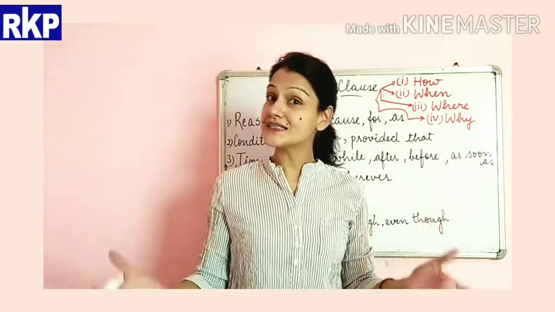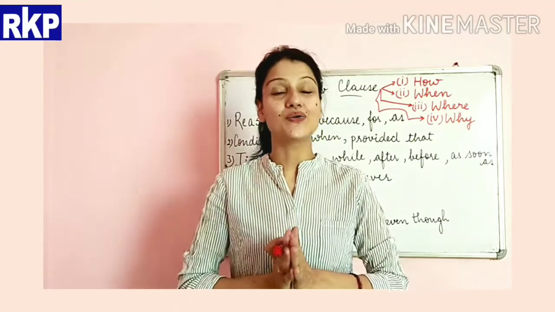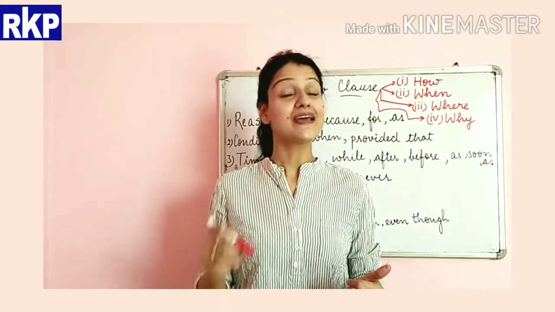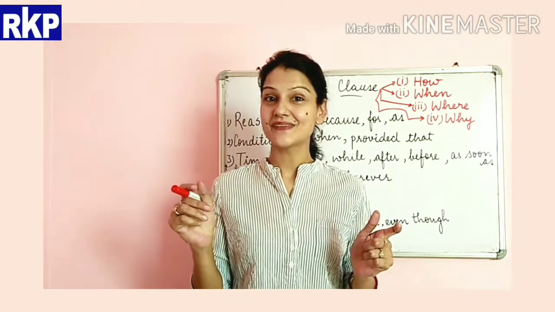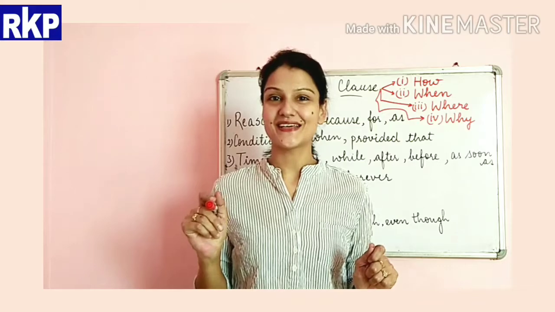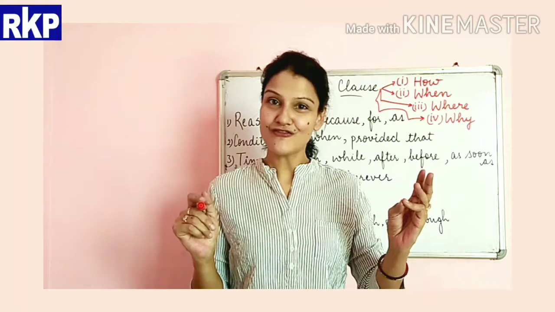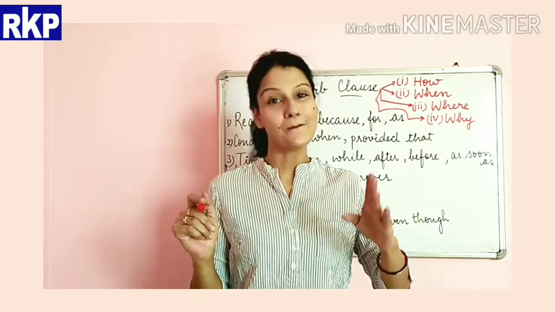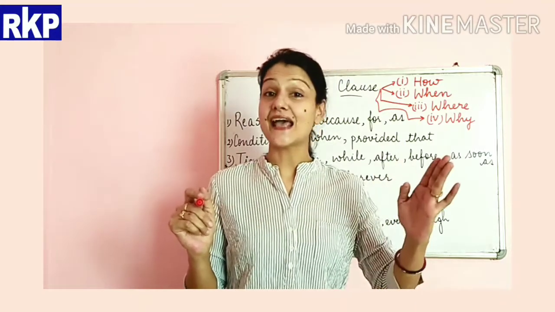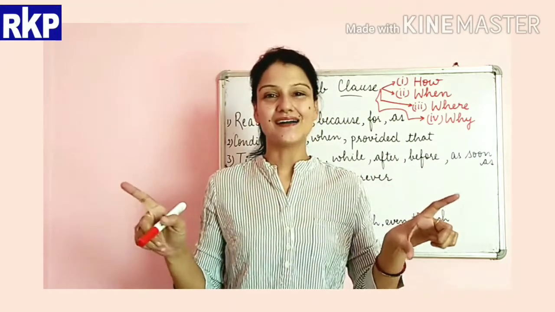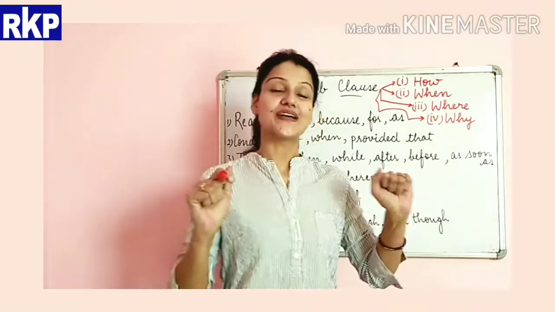Now what is a subordinating conjunction? I know we have already learnt about coordinating conjunctions. Remember I gave you the clue word, that was very good, that was fanboys. F for, A for and, N for nor, B for but, O for or, Y for yet, and S for so. These are our coordinating conjunctions.